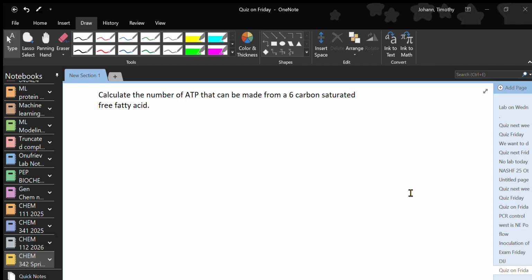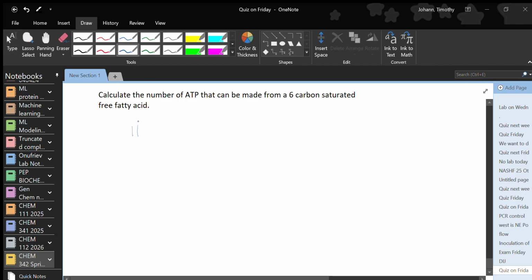So now that you've thought about it a little bit, how many rounds of beta oxidation? We're going to break it into 2 carbon bits. There are going to be 3 2-carbon bits in 6 carbons. You've got a string, you want to cut it into 3 pieces, you cut it 2 times. You're welcome to work together on this.